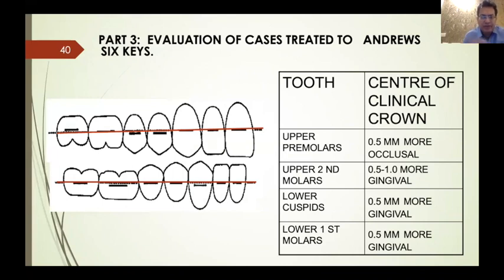We were looking for the FSCC point, but if you bond at the FSCC point, you're incorrect. So what were the changes brought about? For the upper premolars, for the upper second molars, lower cuspids and the lower first molars, changes were made. For these three teeth, there was gingival positioning, 0.5 millimeter more gingival, and for the upper premolars, it was 0.5 millimeter more occlusal. So you needed to change the position of your bracket to be able to get good occlusion.